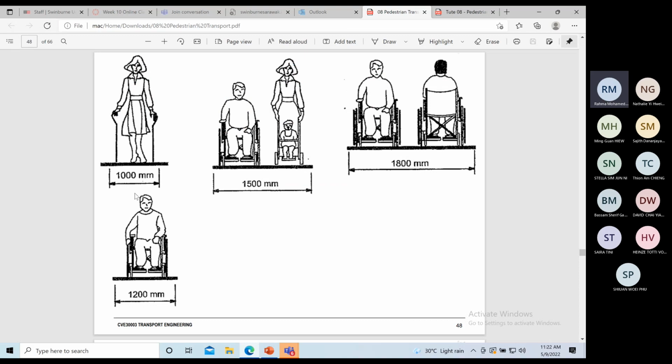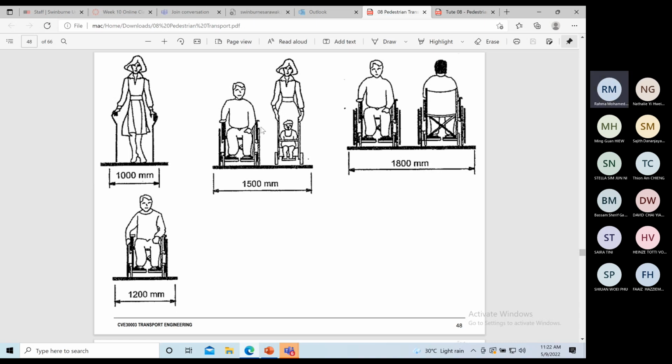So as we said earlier, the minimum width depends on who you are catering for. If you're just catering for people walking, then you should provide a minimum width of 1000 millimeter. But if you want to include one wheelchair user, then the minimum width should be 1200 millimeter, so that they can have a little bit of space for maneuvering.